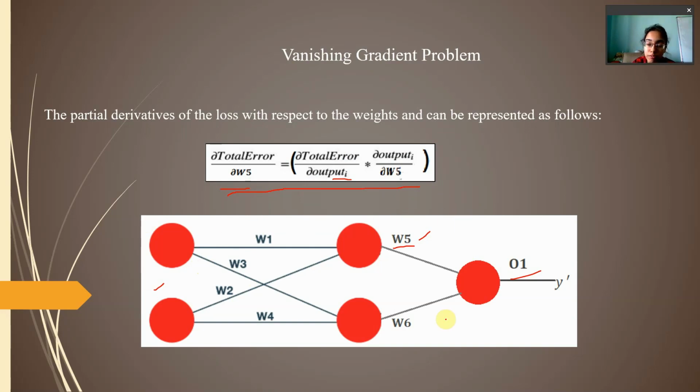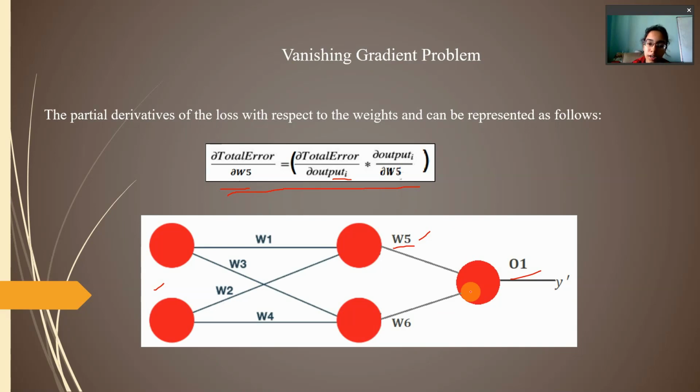Now if we consider some more layers in the neural network, then the derivative term will go on decreasing, because each of the derivative terms will go on decreasing as we go deeper into the neural network.